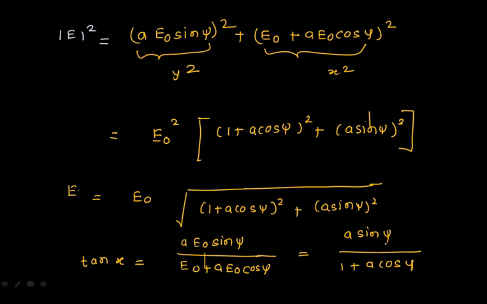Now putting all these things together, the resultant is E equal to mod E at angle x.